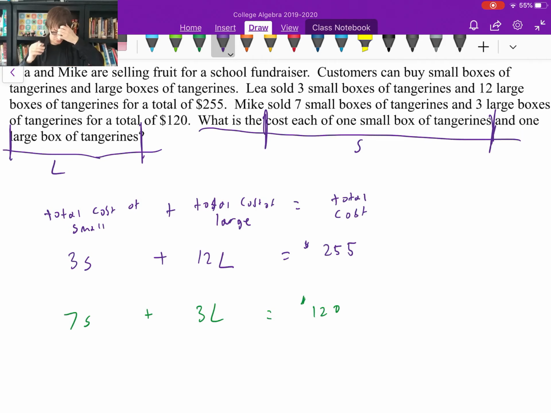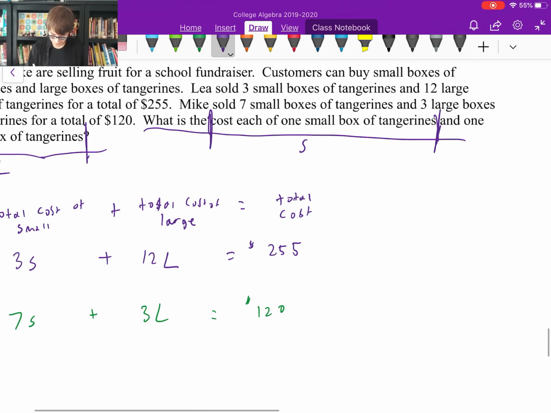Making the S's line up would be hard, because what's the least common multiple of 3 and 7? But if I multiply 3L by 4, that'll give me 12L, and that'll make them line up. So that'll be pretty good.